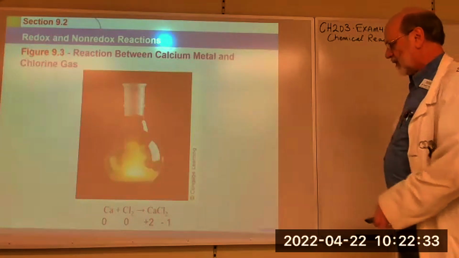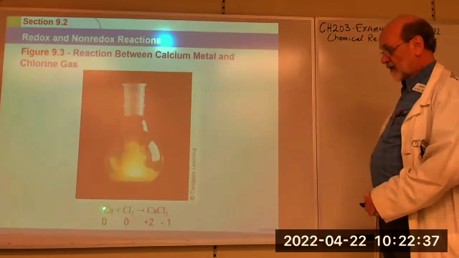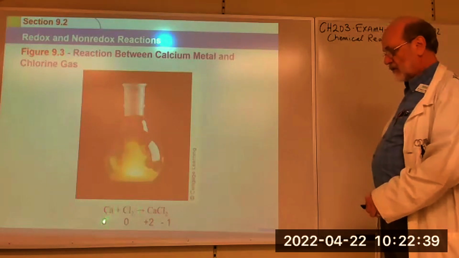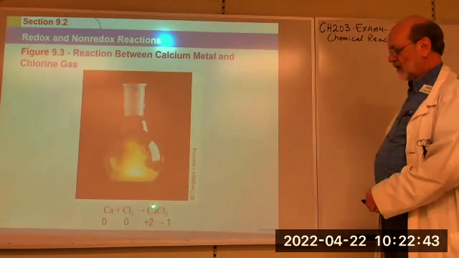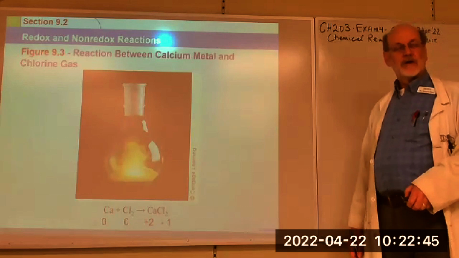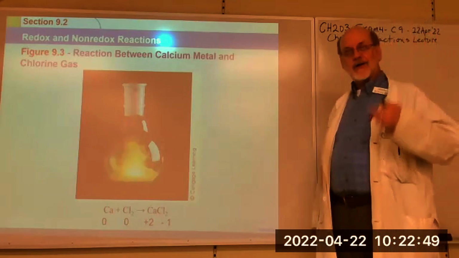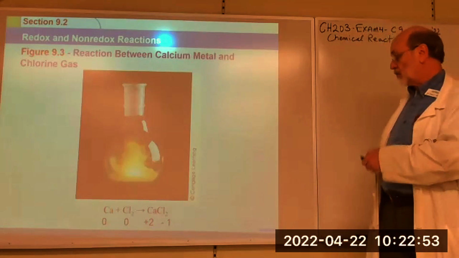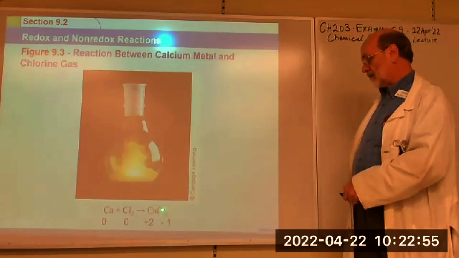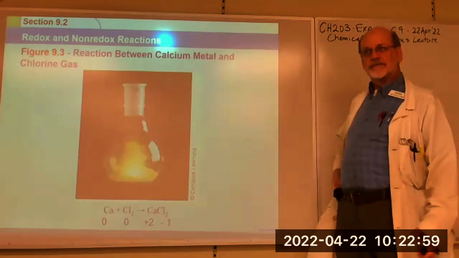Okay, here's an example. Calcium and chlorine. Right there, they're elements, so they're zeros. But when you put them in the compound, chlorine is -1 and calcium is +2. That's a no-brainer because the rules say that the alkaline earths are always +2. So the chlorine has to be a -1. No other possibility.